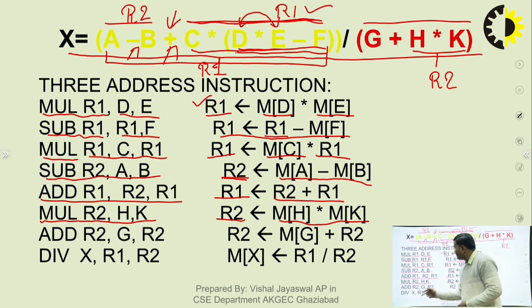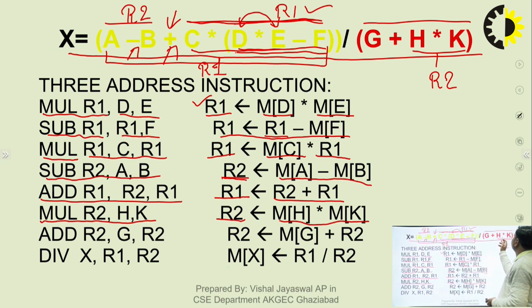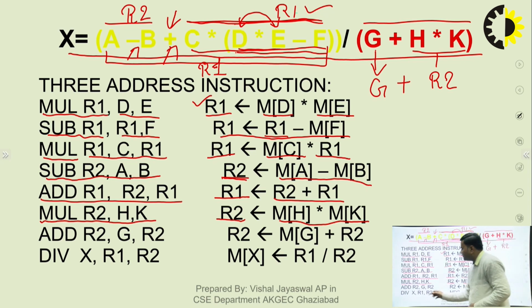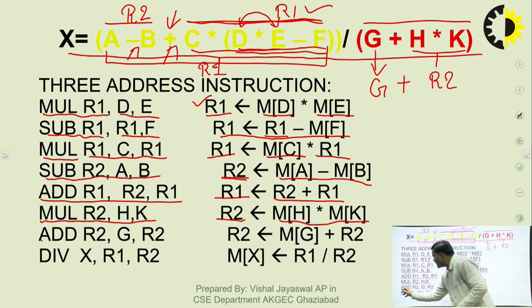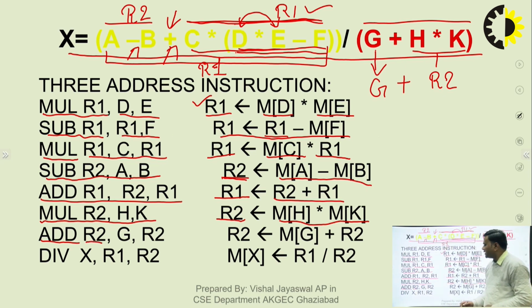Then after that we have to add G to H into K, that is G plus R2. For this we are going to use the add instruction, add R2 comma G comma R2.